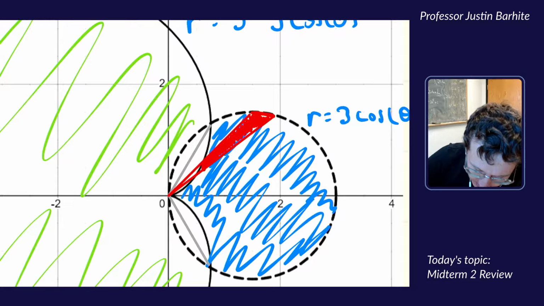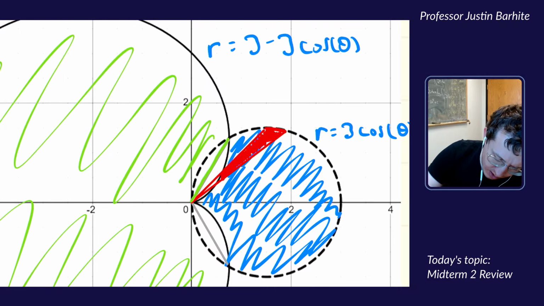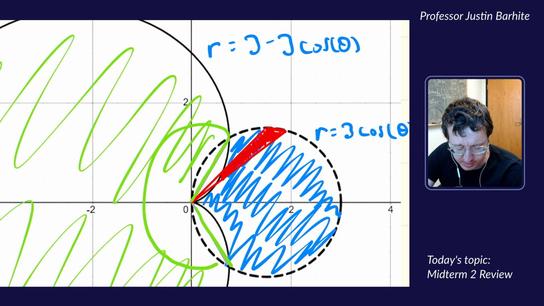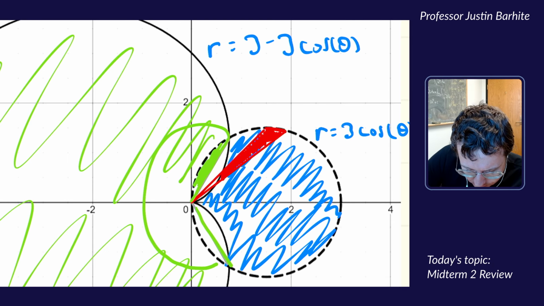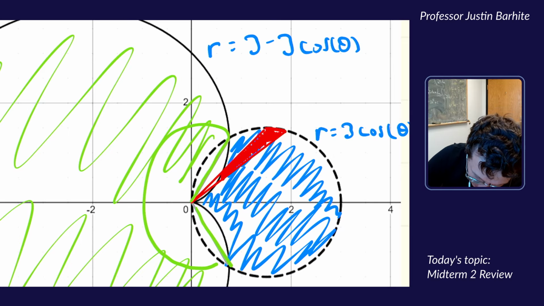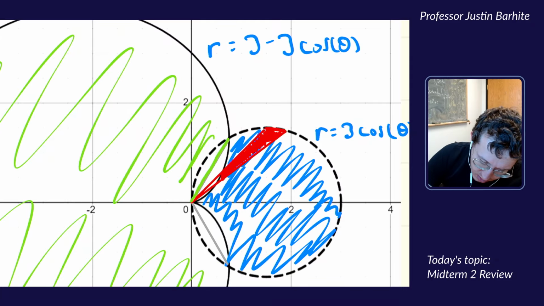The problem is if I integrate from pi over 3 all the way around to, I guess that would be 5 pi over 3, it's going to include this area. So really what I need to do is integrate this cardioid from pi over 3 to 5 pi over 3, but I also then need to find this area and subtract.